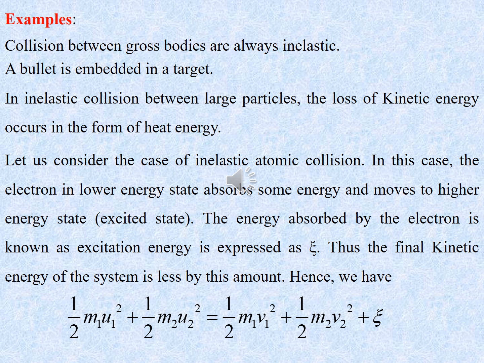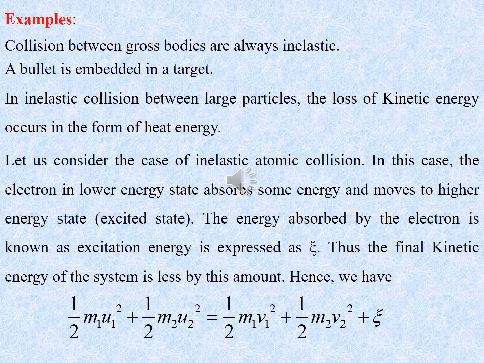Examples of inelastic collision: first, gross bodies are always inelastic. A bullet embedded in a target. Next, in an inelastic collision between large particles, the loss of kinetic energy occurs in the form of heat.